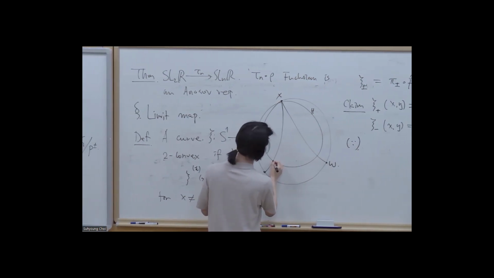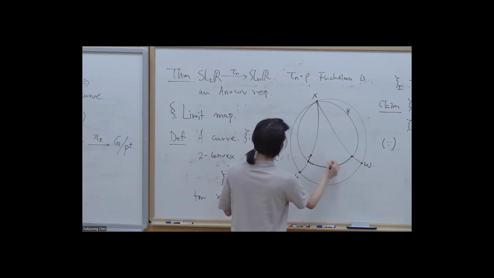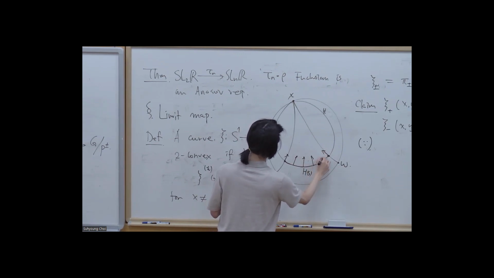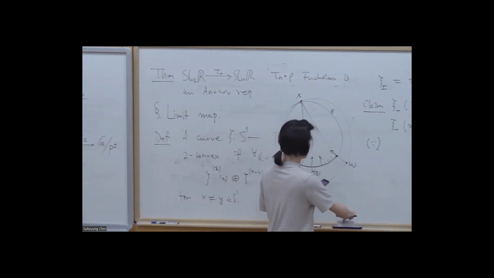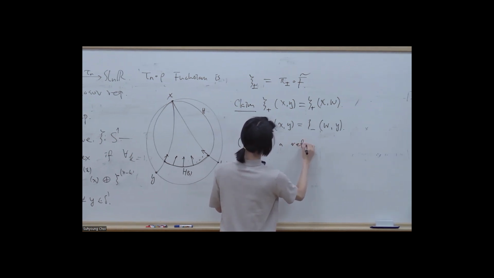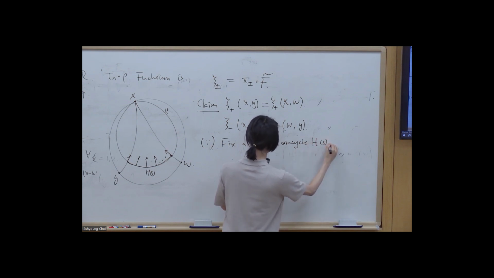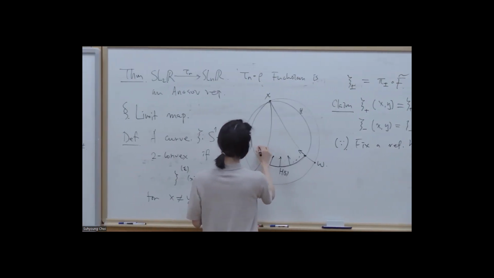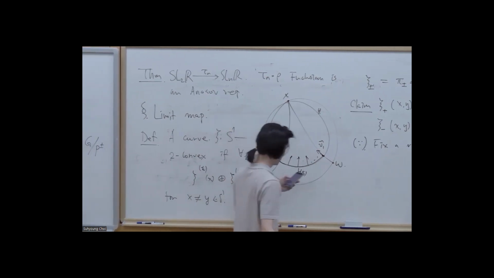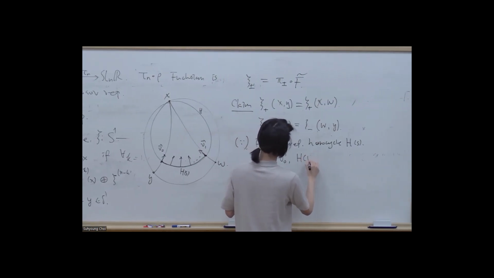This gives you some parameterization of this curve, parallel curves. Such that, let's say this is v0 and v1, that h of 0 is v0, and h of 1 is v1.